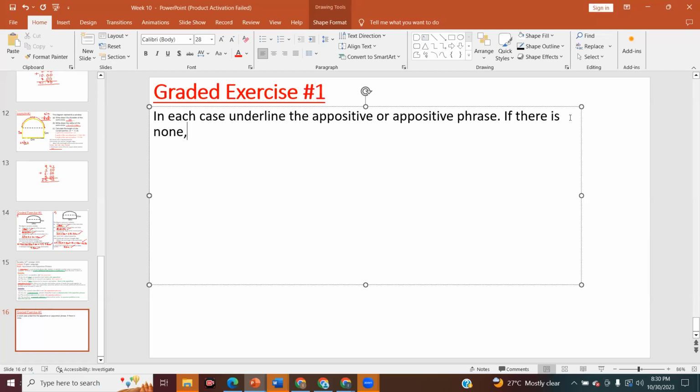If there is none, then write NP. So if there's no appositive phrase, write NP. But if there is an appositive phrase, underline it. All right. So let's go.